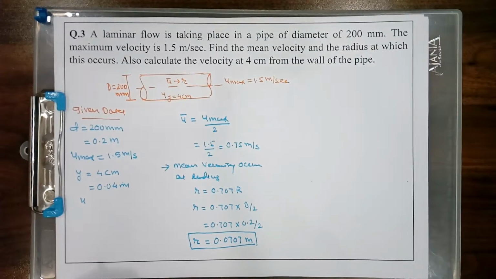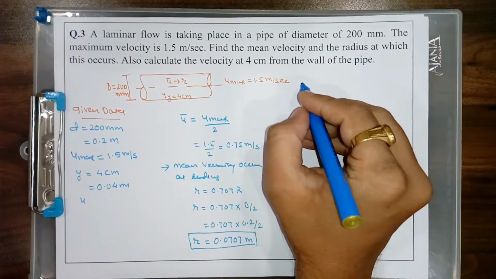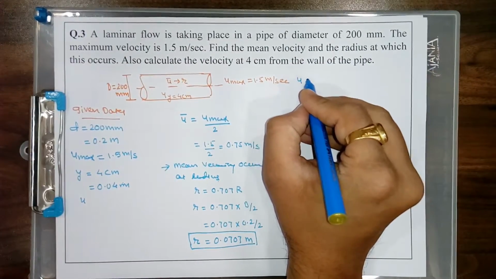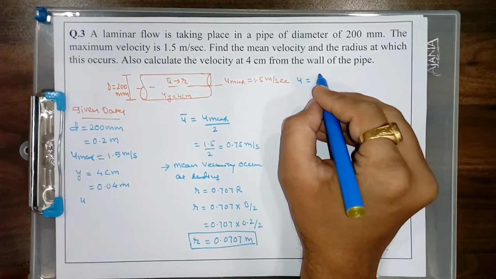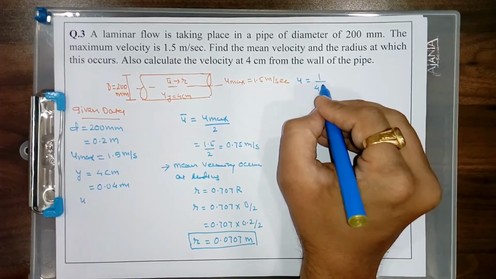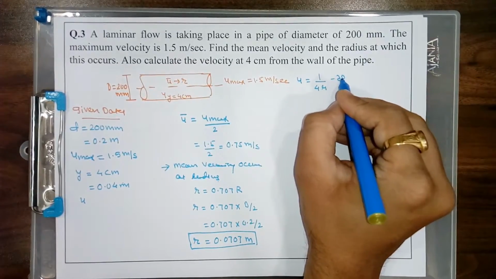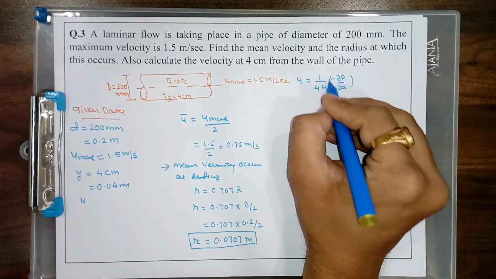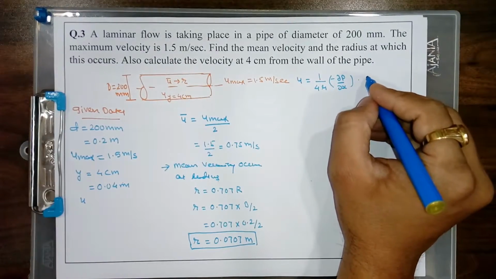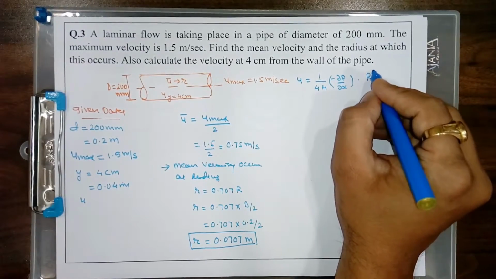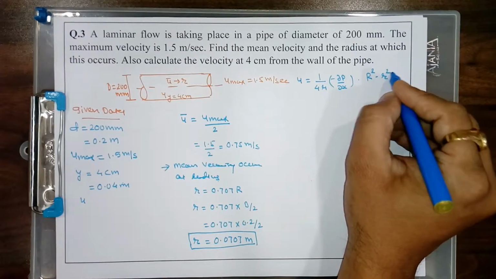Now students, we need to calculate the velocity at the 4 centimeters. So we have the formula to calculate the local velocity in the circular pipe, that u equals 1 upon 4 mu into minus del p by del x into capital R square minus small r square.